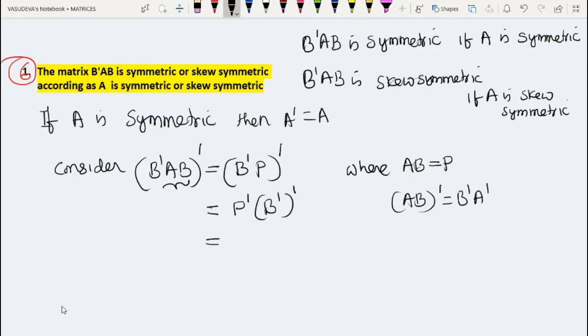So again P', so what is P here? AB is P here. Now I am writing this AB, P is (AB)'.